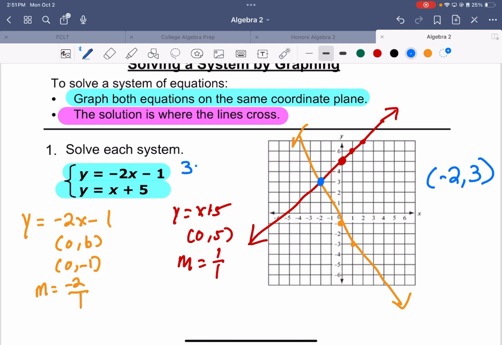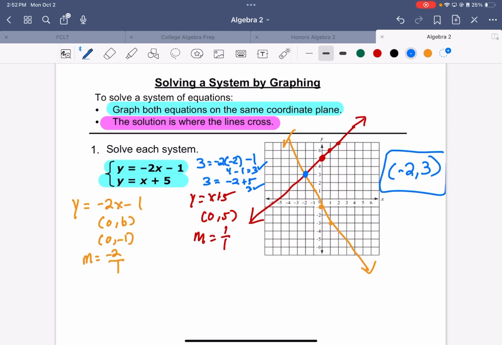That gives me 3 is equal to negative 2 times negative 2 minus 1. So that's 4 minus 1, so that's 3. So it works for the first one. For the second one, it'd be 3 is equal to negative 2 plus 5, which is 3. So it works for the second one. So I know that's my solution.